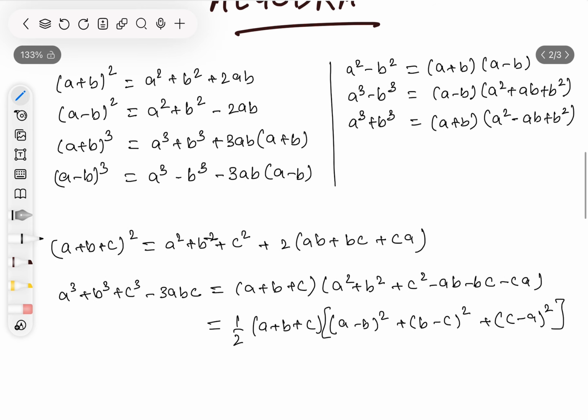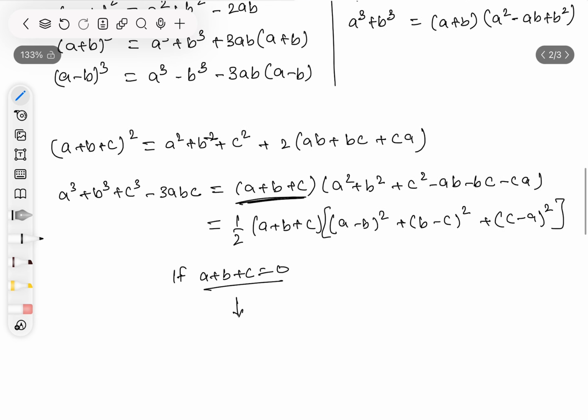Okay. Also one more thing, if at any point of time the sum of these three numbers is equal to 0, that means if a plus b plus c is 0, then in that case a cube plus b cube plus c cube minus 3abc, the right hand side total will be 0 since 0 will be multiplied with some value. So this will also be 0.